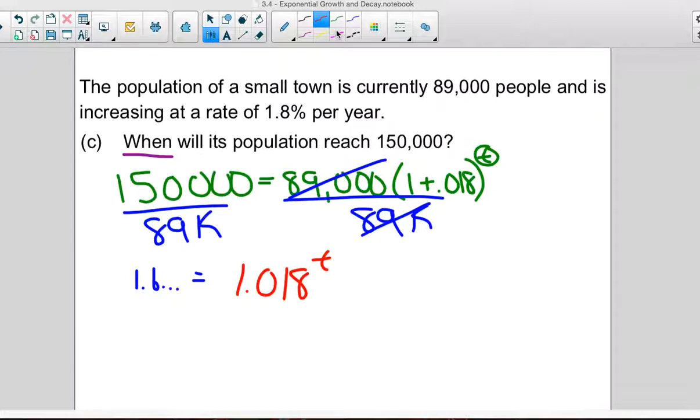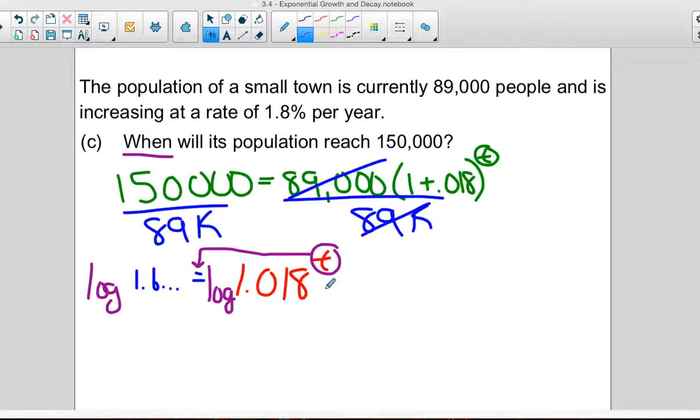So what you can do is if you need to get an exponent down, you can take the log of both sides, or natural log, we'll just do log for now. And what that does is once you take the log of something, the exponent can come down. It's called your power rule.